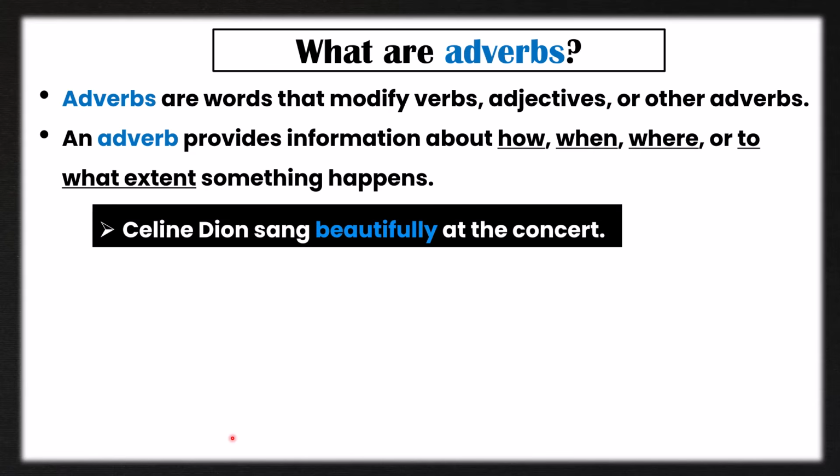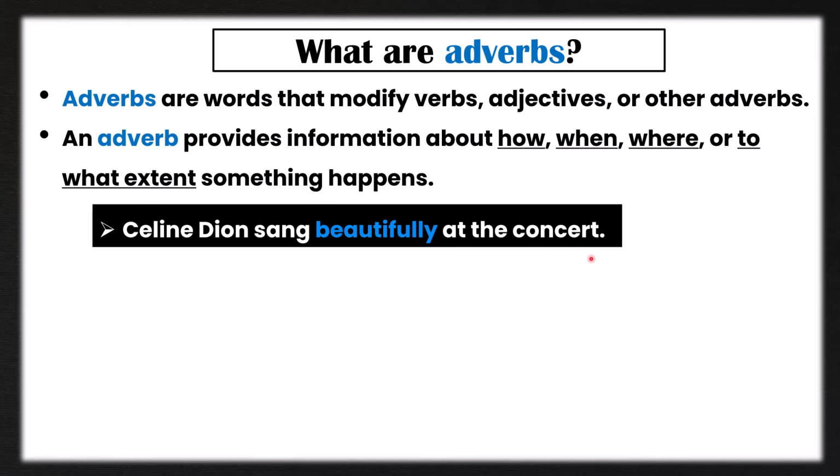For example, Celine Dion sang beautifully at the concert. Beautifully is an adverb that modifies the verb sang. It's describing the action. She sang beautifully. It's how she sang. Many adverbs end with ly.